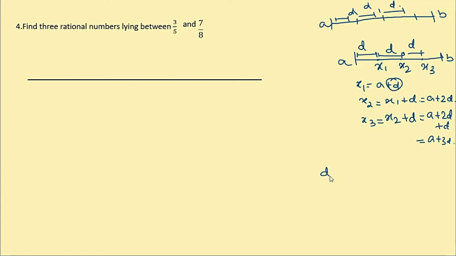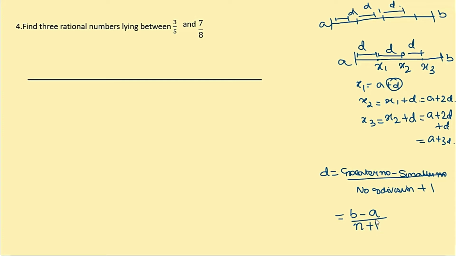So d equals greater number minus smaller number, divided by number of divisions plus 1. So if the greater number is represented as b and the smaller as a, and the number of divisions is n, then d equals (b minus a) divided by (n plus 1). This is the formula for finding the common difference, that is d.